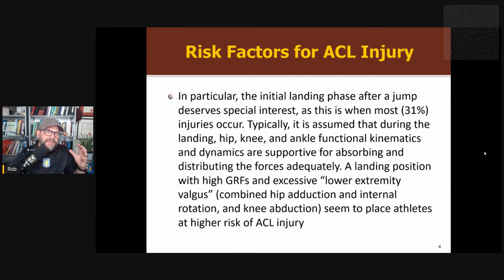For example, landing with a lot of ground reaction force in the vertical direction is going to increase injury risk. And we want the knee abduction and hip abduction angles to be smaller when landing, because they place you at less risk for injury. So we can identify these markers for ACL injury that have been shown in several other studies.